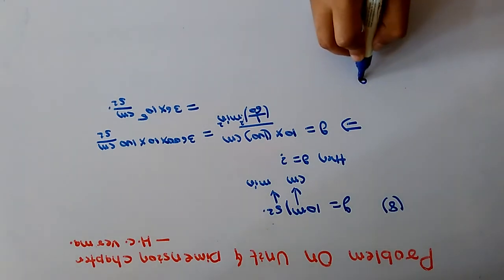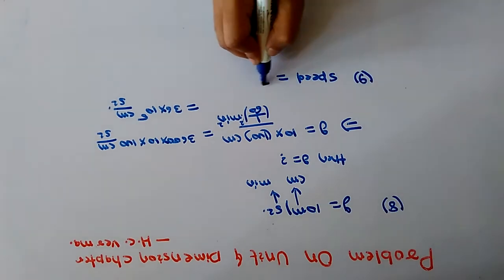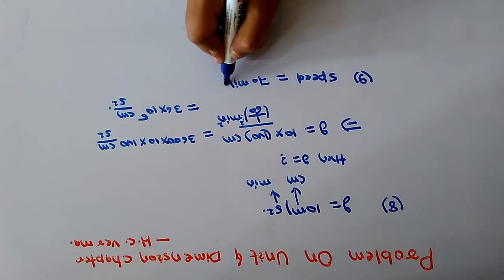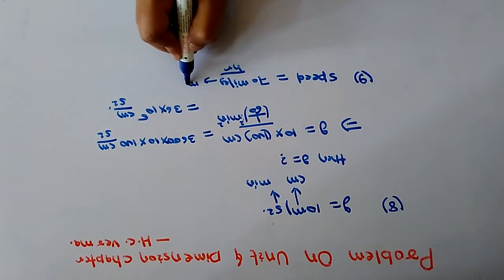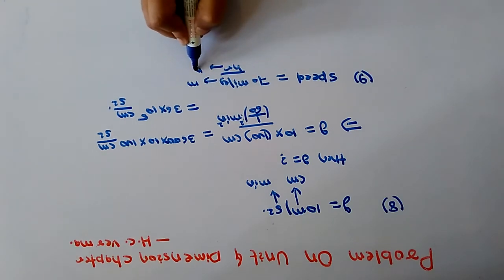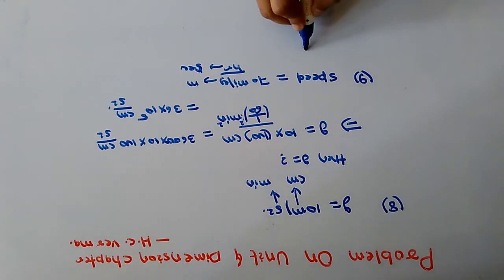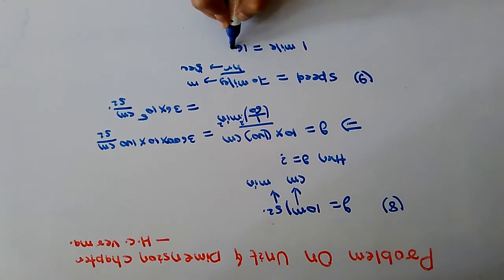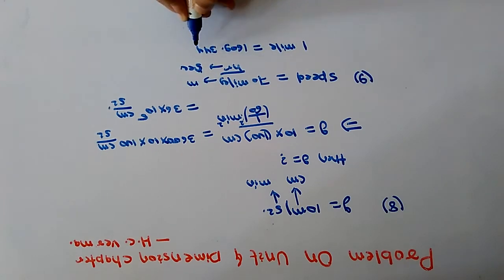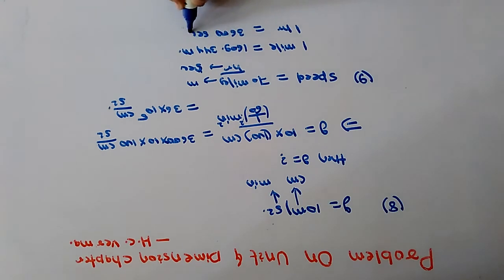Question number 9 says speed is given as 70 miles per hour, and we have to convert miles into meter and hours into second. First we should know that 1 mile equals 1609.344 meter and 1 hour equals 3600 second.